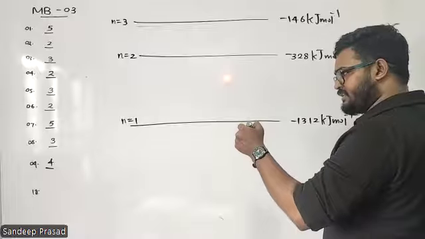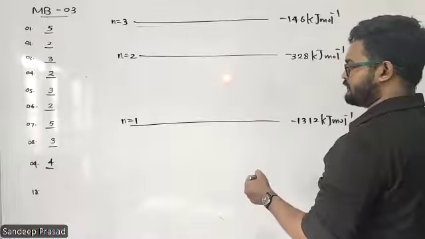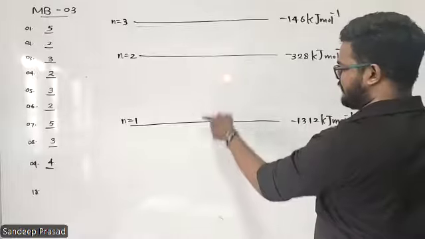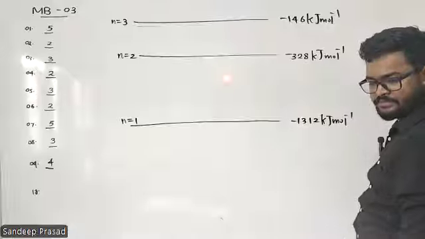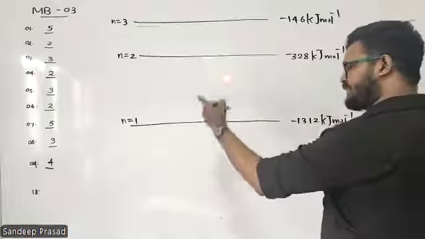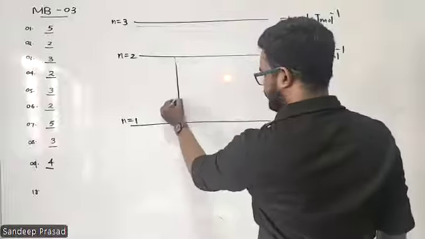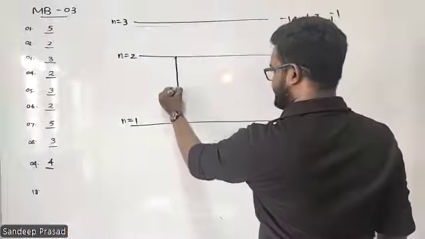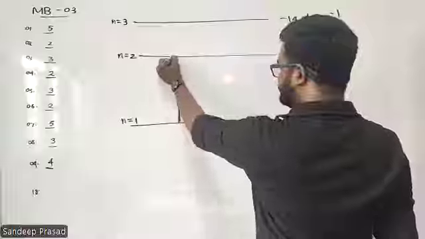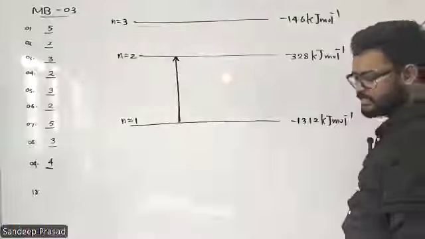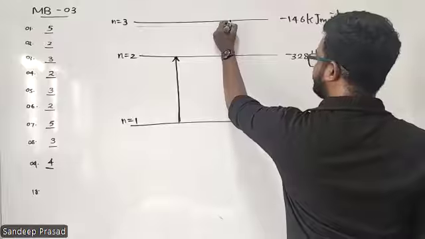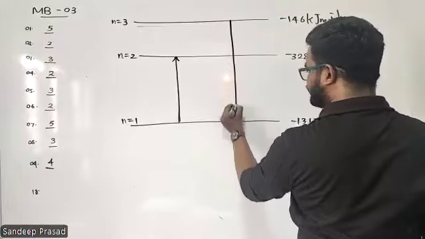Ionizing means the electron is ready to move. According to this diagram, we have only 3 energy levels. Then how many transitions are possible? n equal 1 to 2, right? That electron can jump from the first principal energy level to the second, and then there is a chance to jump from 1 to 3.